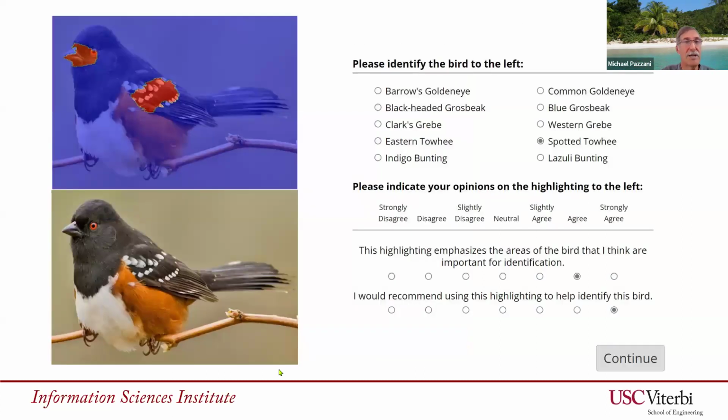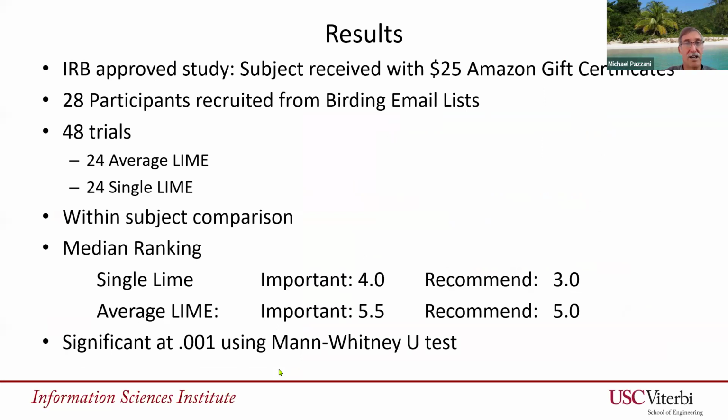This is a screen from the trial. We're not even calling them explanations, because that's a little highfalutin. We're just asking whether they are highlighting the important areas, and which highlighting they like best. On average, they preferred the average highlighting to any individual highlighting.